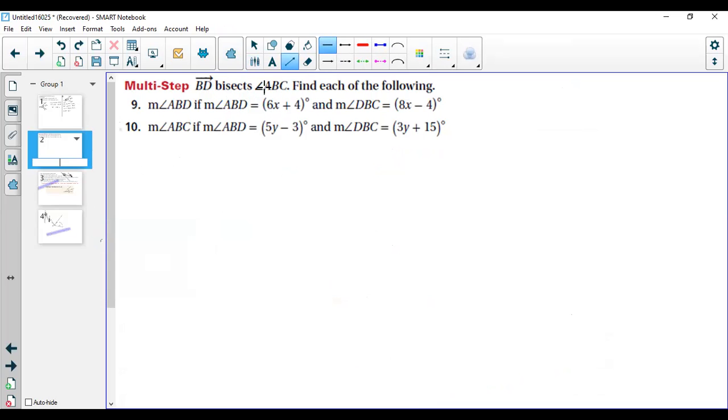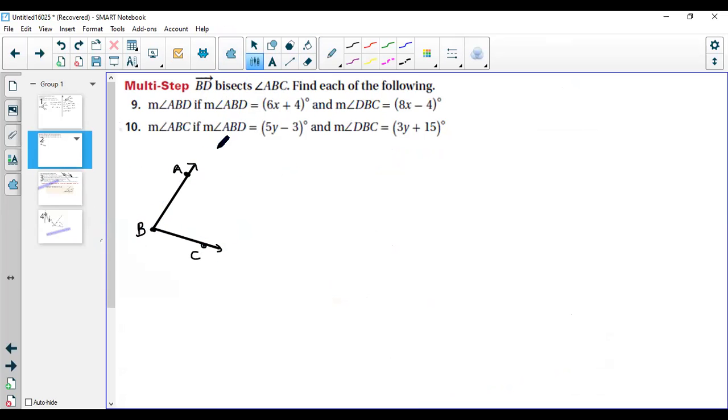BD bisects angle ABC. So first let me draw angle ABC. Okay. So this is angle A, B, and C. Draw the arrows, because you know that there are two rays. What is bisecting? Bisecting means again dividing in two equal parts.